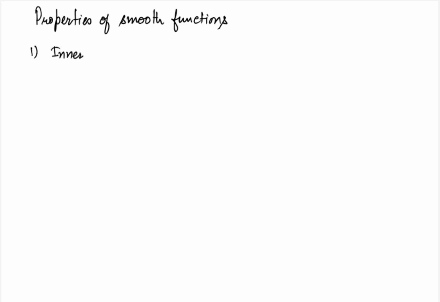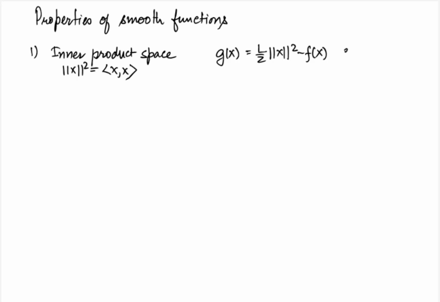We begin with a specific property that is only valid for inner product spaces, that is spaces where the norm square is equal to inner product of x with itself. Then the function g of x equal to L by 2 norm square of x minus f of x is convex over calligraphic X. The result is interesting as it relates smoothness of function f to the convexity of this function L by 2 norm x square minus f of x.